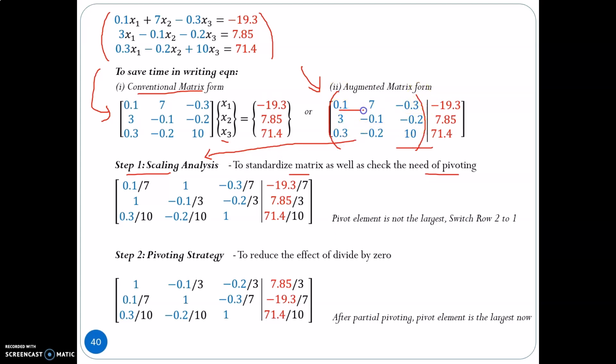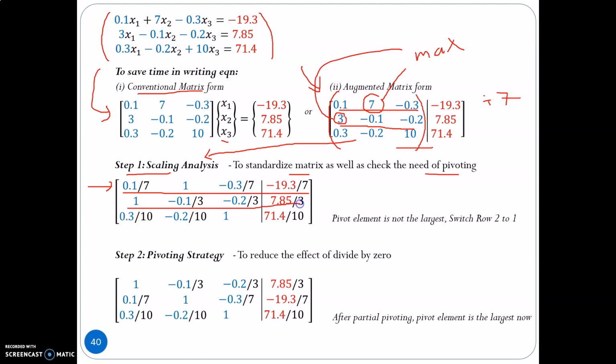So we check row by row. In the first row, you have 7 as the maximum element, so we need to divide by 7 to get the scaling result. You can see in the first equation here, we divide it by 7. In the second row, we have 3 as the maximum element, therefore we divide the second equation by 3.